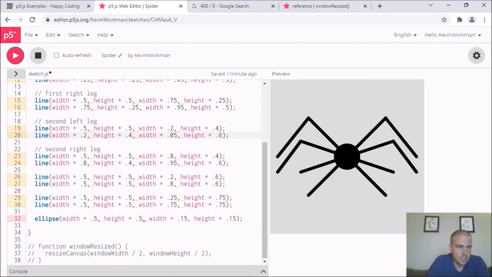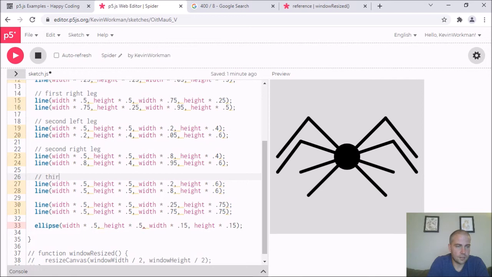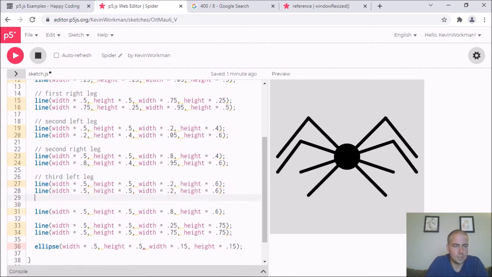All right, cool. So then I've got the third left leg, which is this guy right here, and I'm going to do the same kind of deal. So I'm going to start at the endpoint, so 0.2, 0.6.